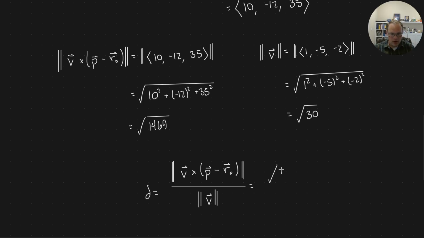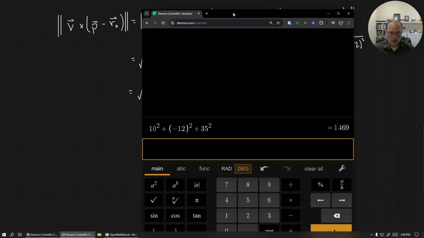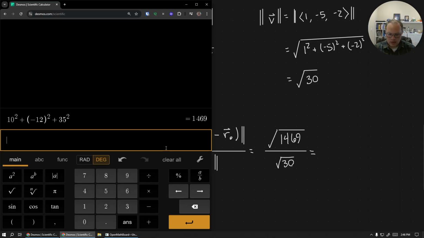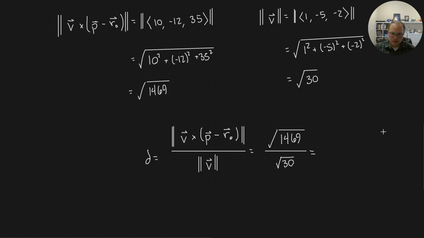Okay, so the numerator we just calculated, that's square root of 1469. Denominator, square root of 30. And now that's calculator work again. Square root of 1469 divided by 30, and I get 6.9976.